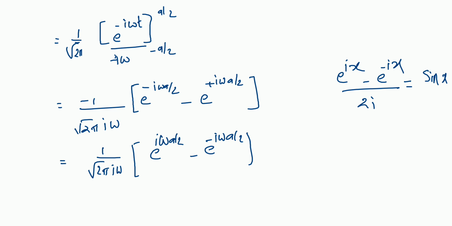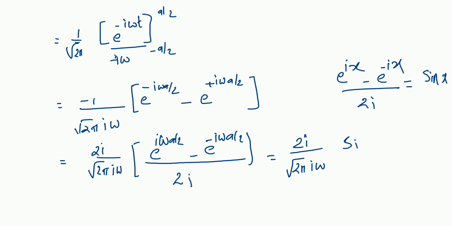So now compare the two equations. Here 2i is absent, so I put a 2i. In order not to change the value of that content, you put a 2i in the numerator. Now we have got everything we need. Now that is equal to 2i divided by root 2 pi i omega, and now the bracket is equal to sin x.